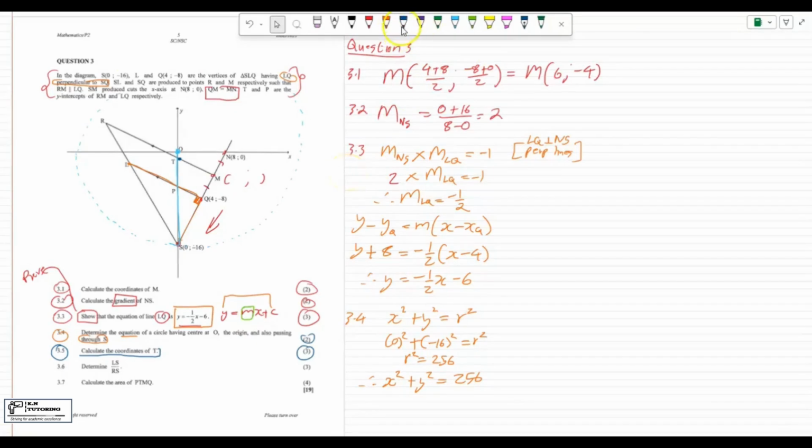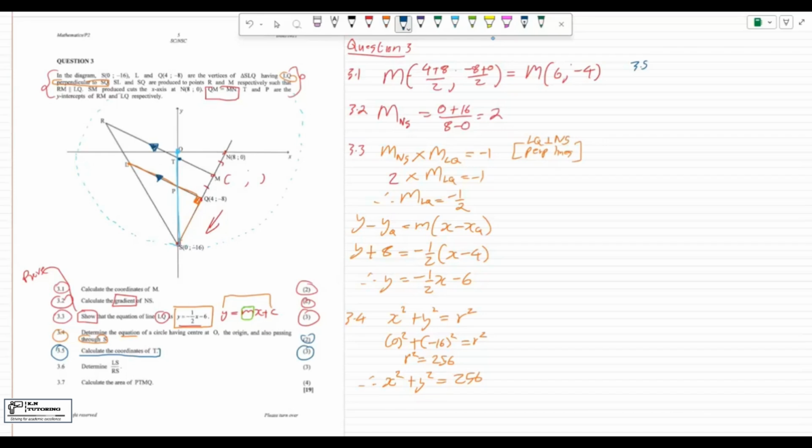So for me to find the coordinates of T, I need to find the equation of that line, right? So how am I gonna do that? 3.5. I already know that these two lines are parallel. And what do we know about parallel lines? They have the same gradient.